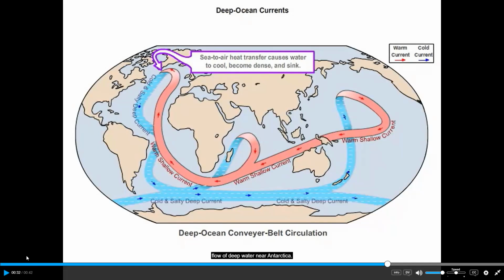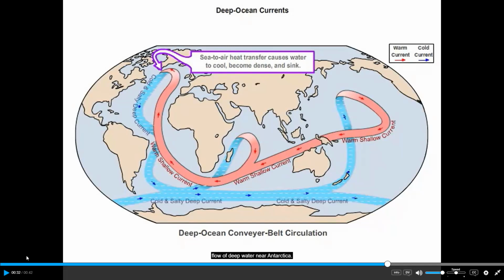So part of this, as we look at this kind of conveyor belt that you see here between the shallow currents and the deep currents, has to do with the density differences among the two. Denser water is going to sink and then spread out beneath the surface.